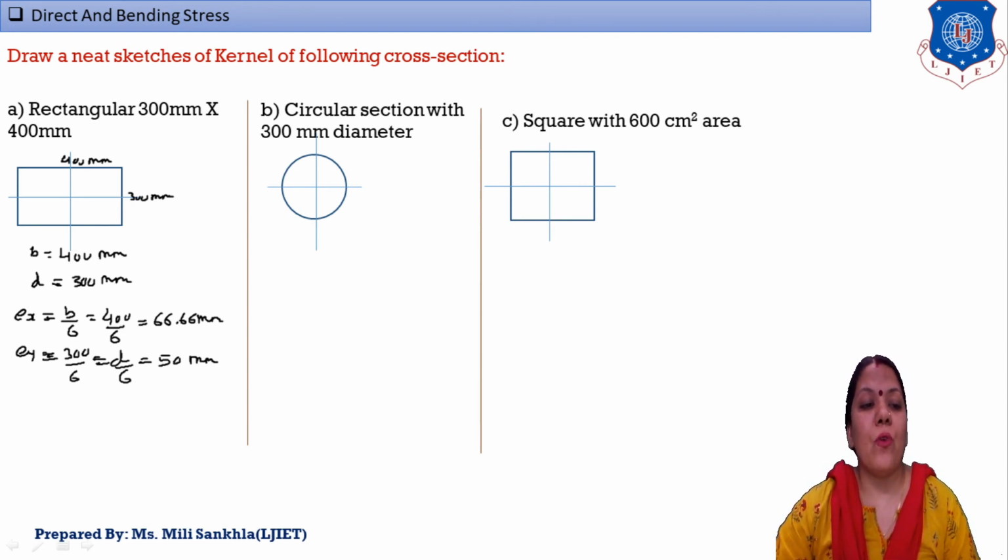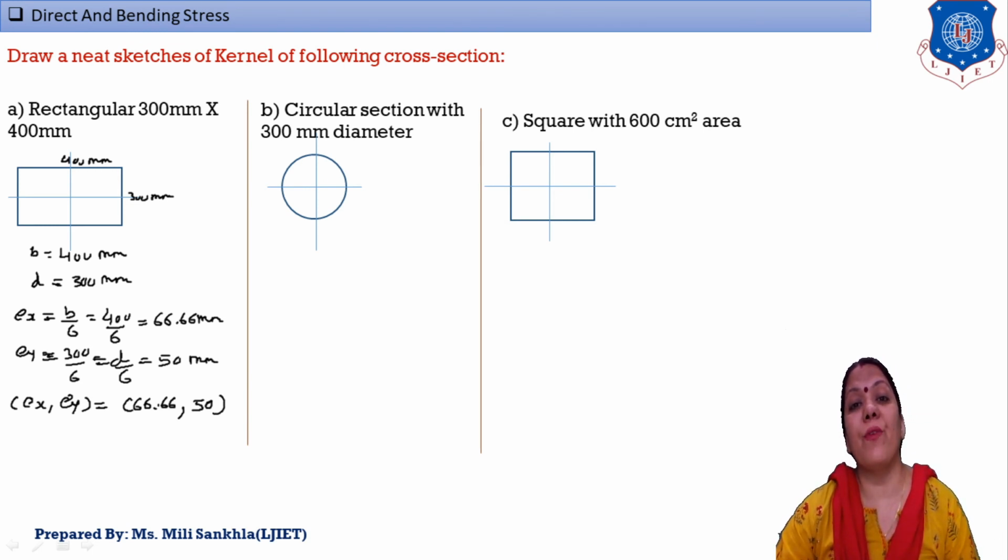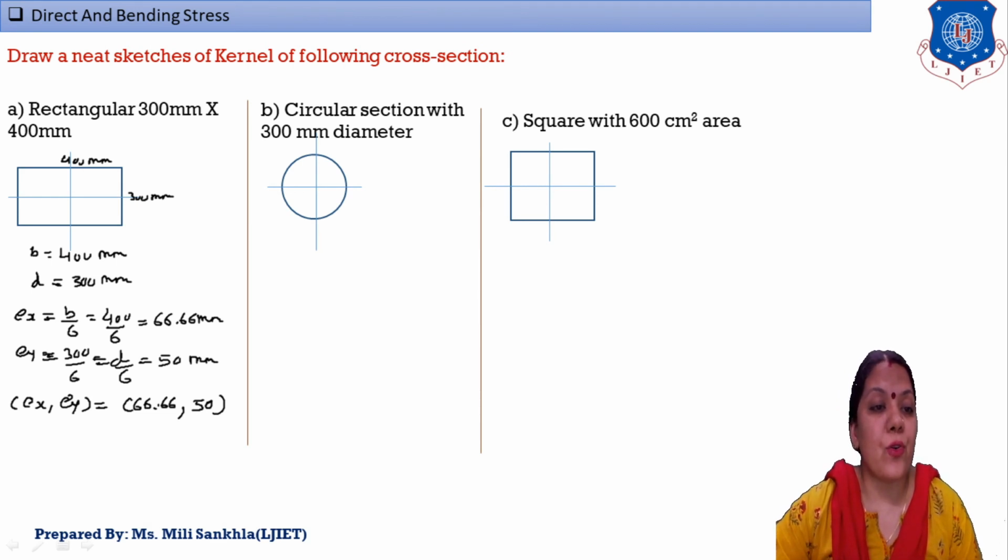So Ex and Ey are 66.66 and 50. This is my eccentricity about the x and y axes for the rectangular column. Now I draw the figure of the core and kernel after finding the values. Simply, this distance is our Ex and this vertical distance is Ey.